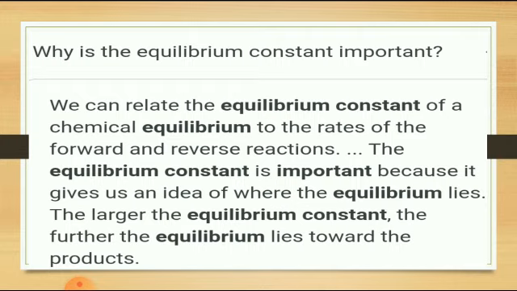The larger the equilibrium constant, the further the equilibrium lies towards the product side. Here it is really very important. If K value is very large, means all of the reactant has been converted into the product.